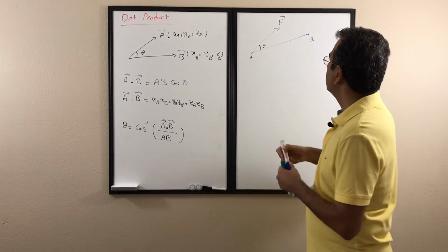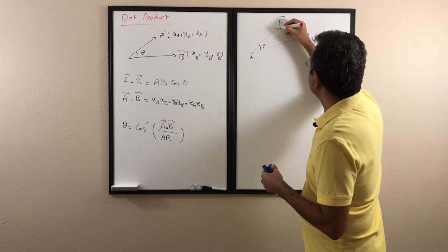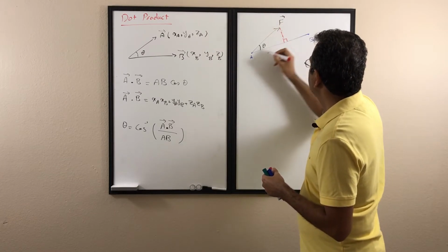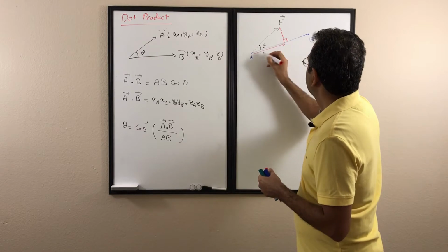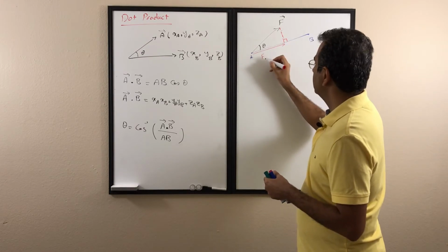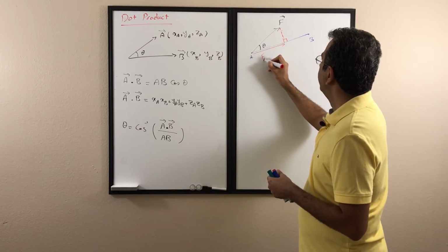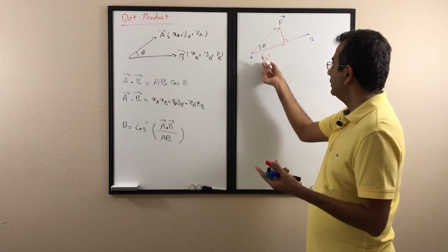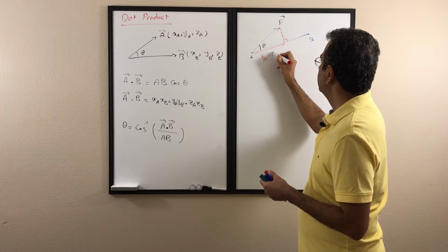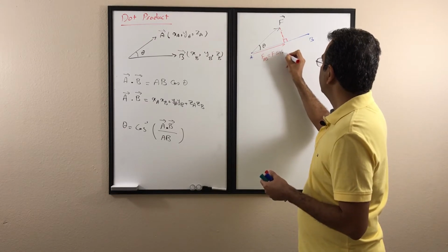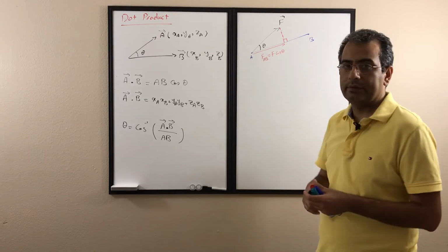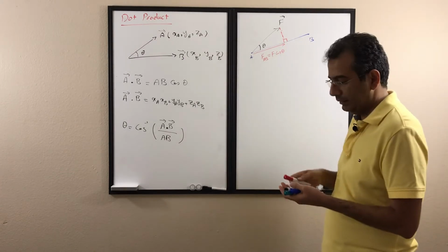So for the projection we put the right angle here, and then the magnitude of the projection on AB is F cosine theta. So the magnitude of F times cosine theta is the projection on AB.